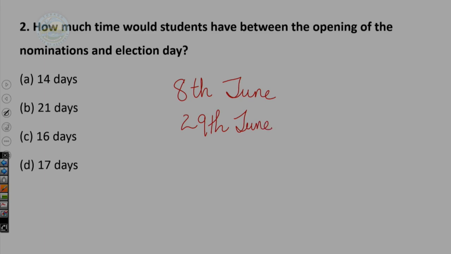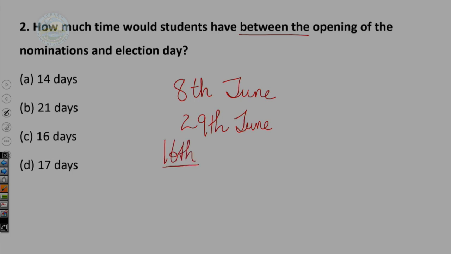You have to pay attention to what it says: how much time would students have between the opening of the nominations and the election day. If you check the number of days between, and this is where your math skills would come in, the number of days between the 8th and the 29th will give you 16 days.